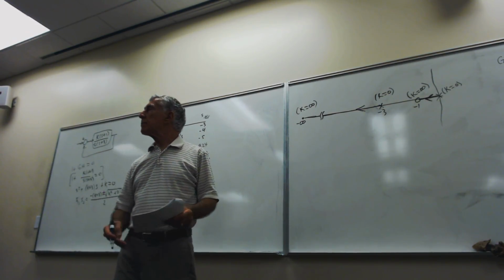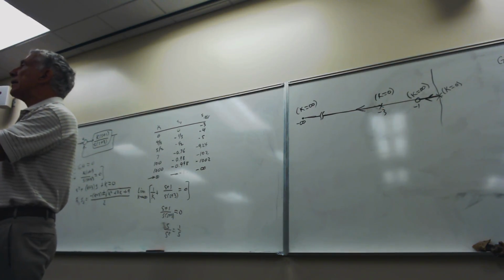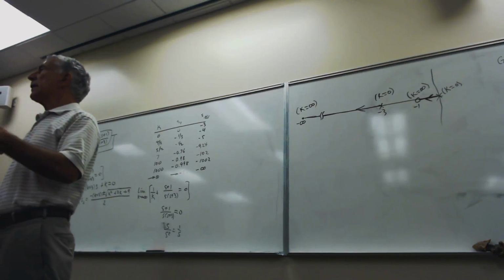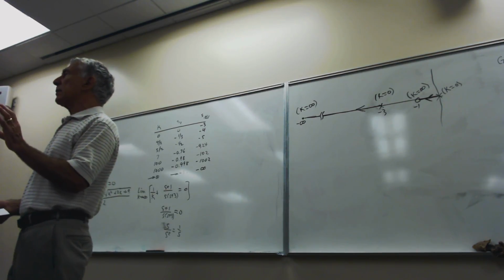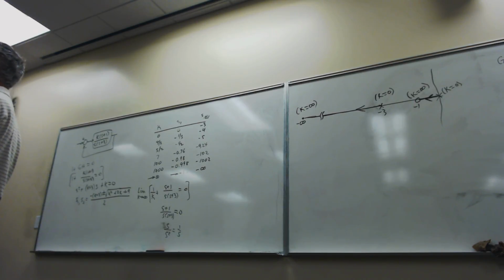But in the other example, it was unstable, correct? When k went beyond 8, you had an unstable system. So you see this root locus plot diagram allows us to make certain conclusions about the stability of the system.